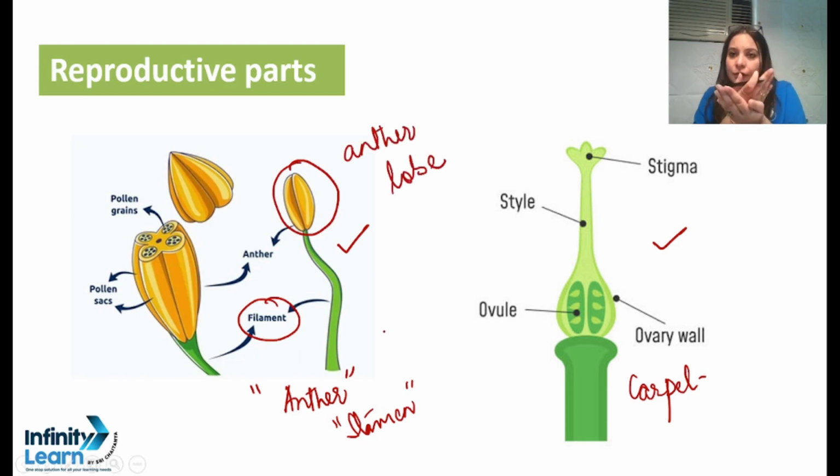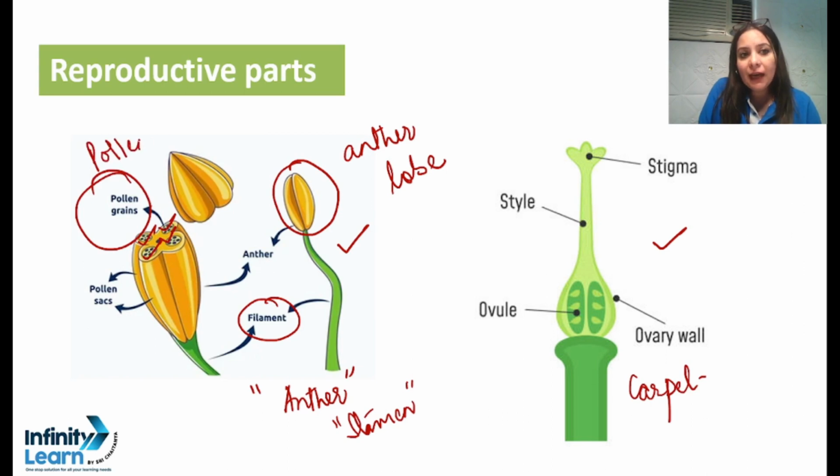If you cut a section from the anther lobe, you can see that it has pollen grains. What is inside it? These are pollen grains, and pollen grains are male gametes.